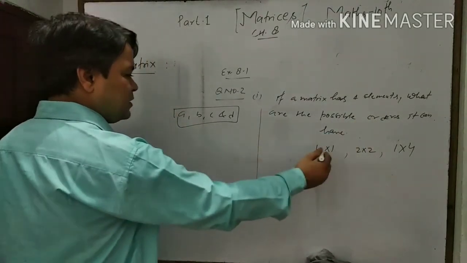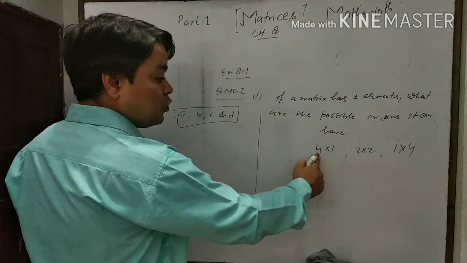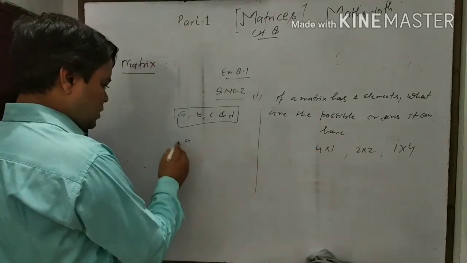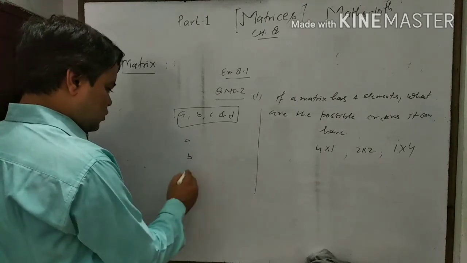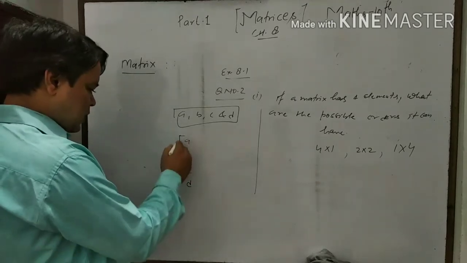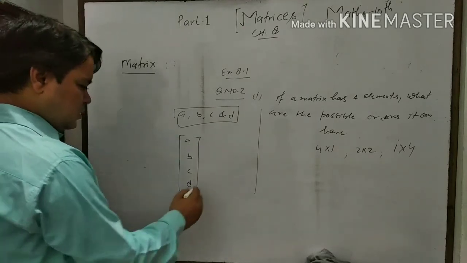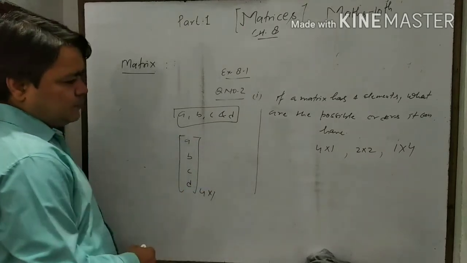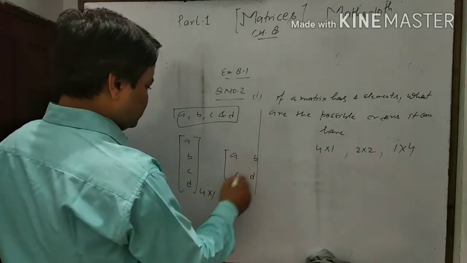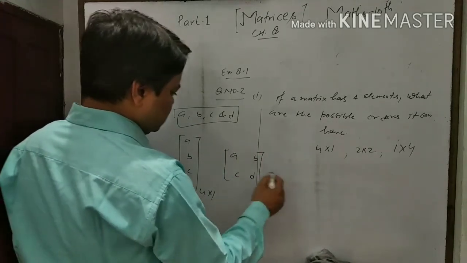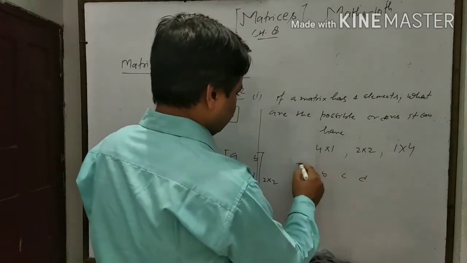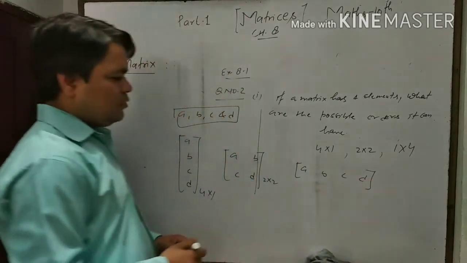The first arrangement is 4 rows and 1 column: first row, second row, third row, and fourth row, and only 1 column. It is 4 by 1, with A, B, C, D. This is the square matrix of order 2 by 2, with A, B, C, D. Like this, we can arrange.